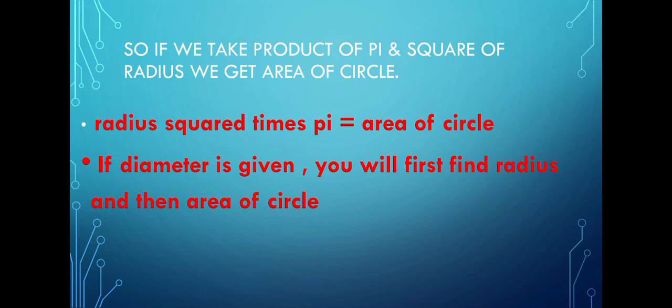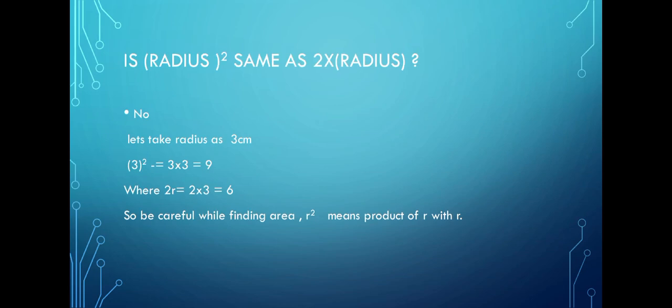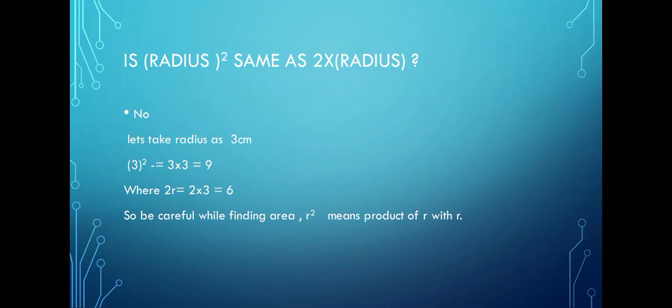That's the area of a circle. If the diameter is given, you can find the radius and then the area of the circle. Now, r squared is not the same as 2 multiplied by the radius, or double the radius. Let's take the radius as 3 centimeters. So the square of 3 is 3 multiplied by 3, which is 9. Whereas 2r means double of this, that means 2 multiplied by 3.